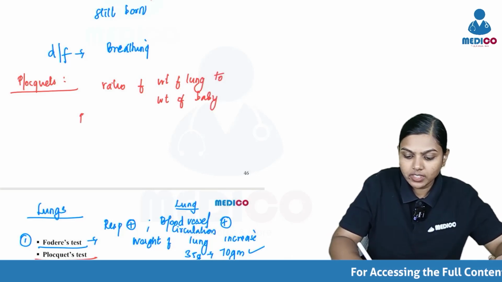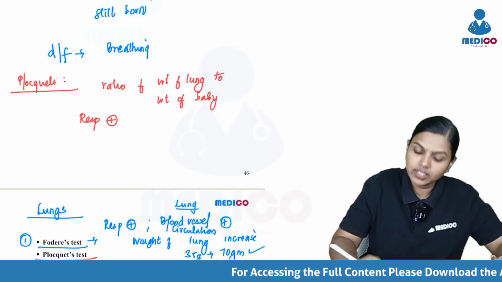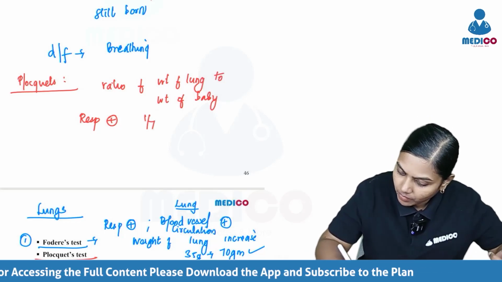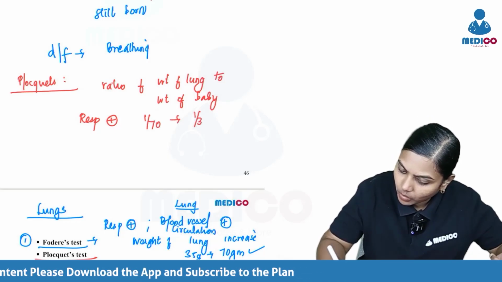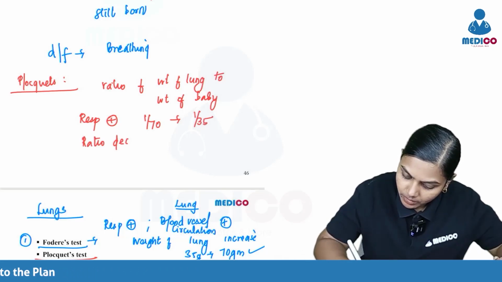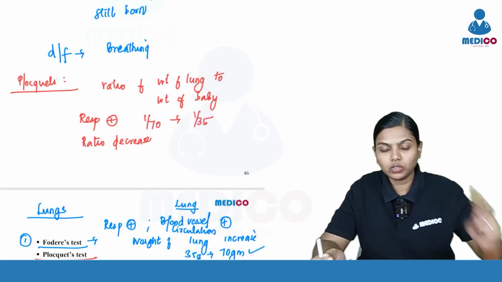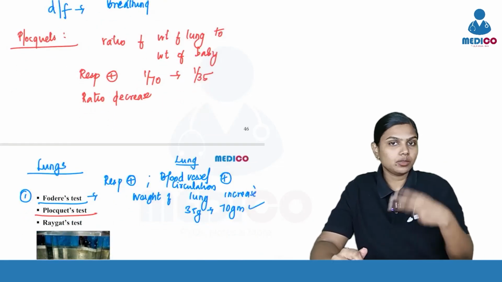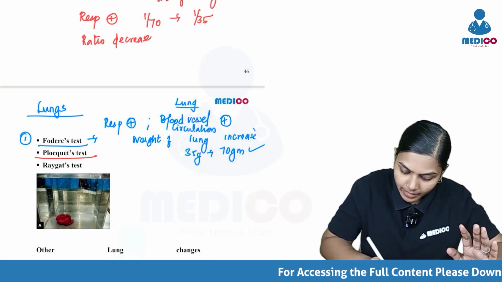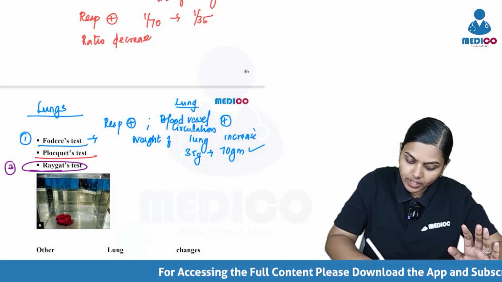Once respiration happens, the ratio will decrease from 170 to 135. Ratio would decrease. Clear? So these are the two tests. First is Fodry's test, second is Placott's test. Done? Now, third is the Raygaard's test, and this is very important.